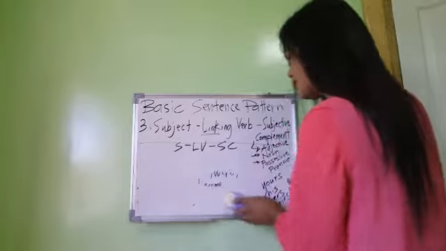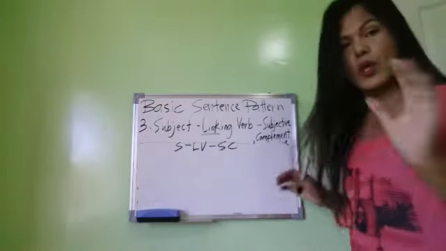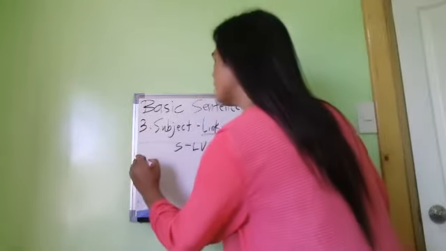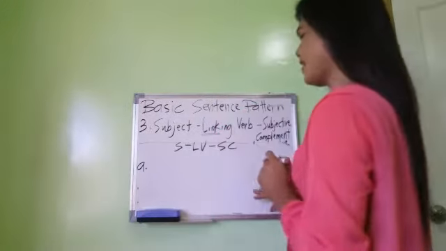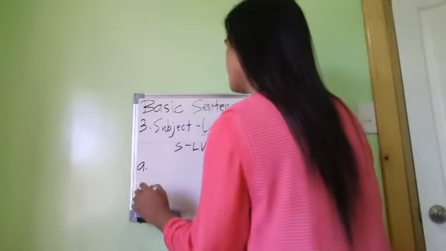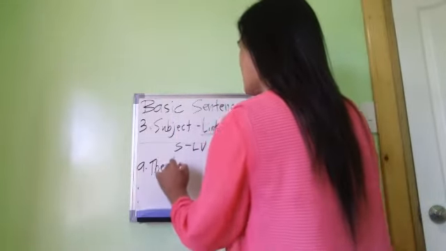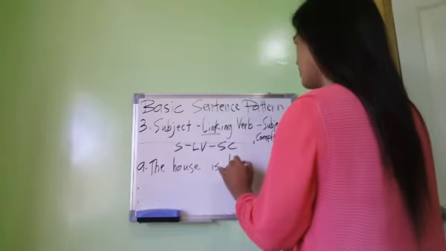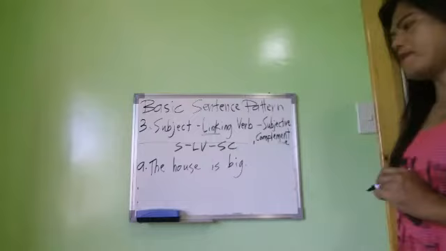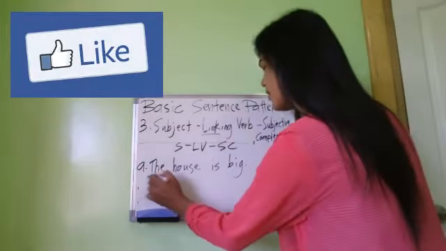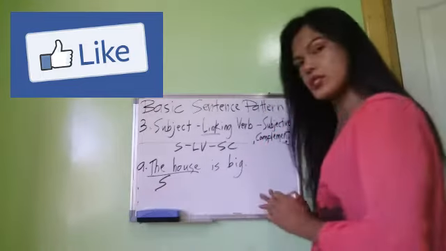Okay, so are you ready to know some examples? So I will give you an example. Letter A. I will think of the house is big. Okay, there is your subject here, the house.